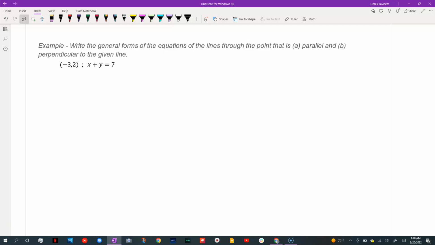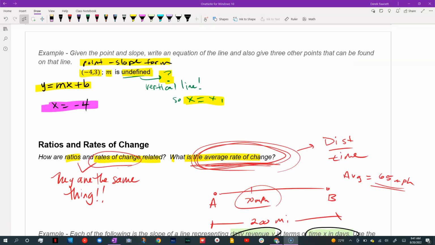Write the general forms of the equations of the lines passing through the point that are parallel and perpendicular to the given line. Over that one, I just realized that I completely forgot to answer the second part of this. Also give 3 other points that can be found on that line. I think I got caught up on the fact that it was a vertical line, but finding 3 other points on that line, since it's a vertical line, is really easy.